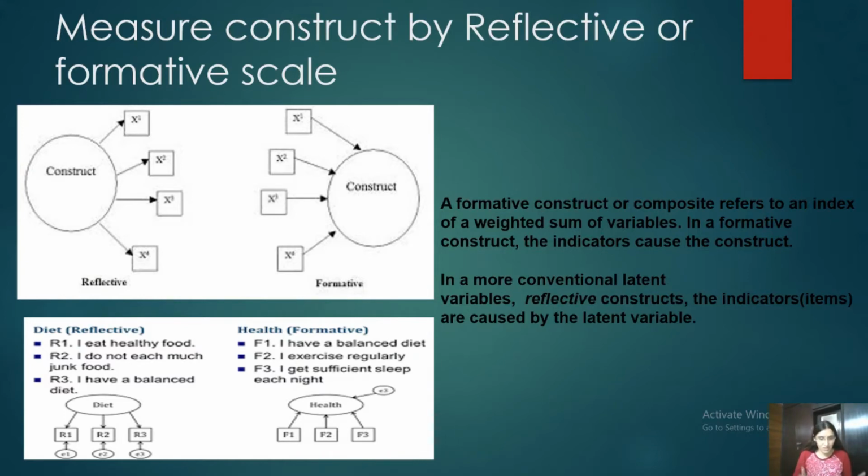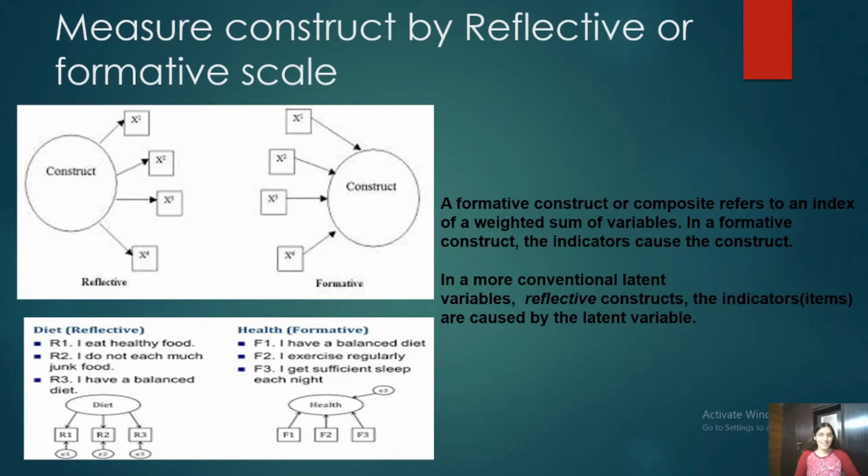Question: similar answers or different answers? So what should the sample do? If all these four statements were measuring the same thing, what should I have got? I should have got similar answers.